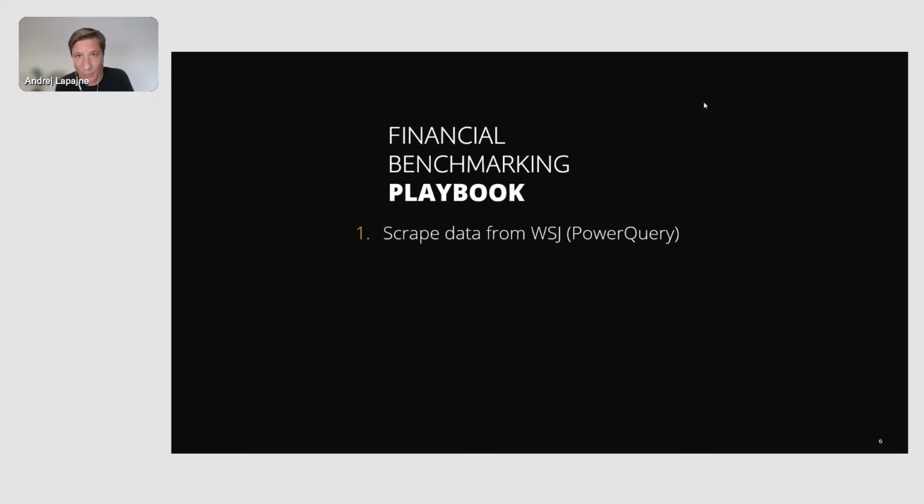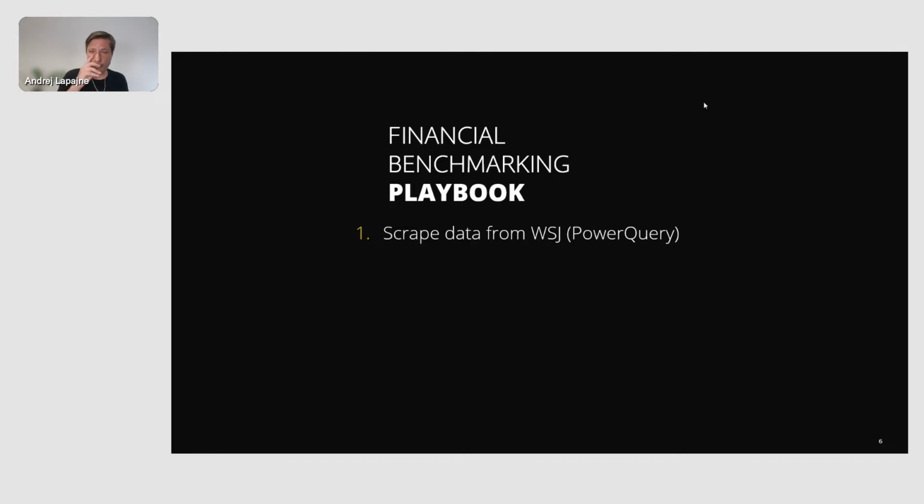So number one, you need to scrape financial data from somewhere, right? There are actually a couple of sources on the internet where you can get the data. So we decided finally to take financial data from the Wall Street Journal. I'll show you the website and so on.